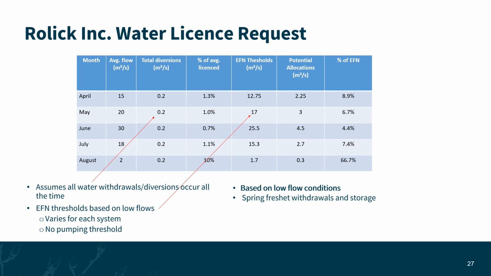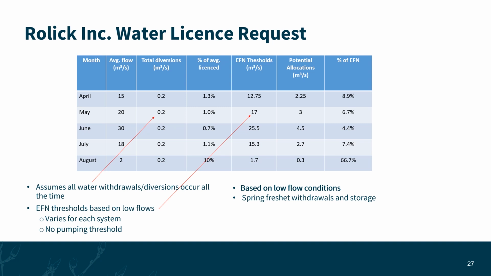So then I also go forward with the potential allocations based on the EFN conditions and the percent of that 15% in this system that's already allocated. So these red lines are showing the total diversions and the EFN thresholds. This assumes that all those water withdrawals can really occur at any time, all the time, to ensure that we're being as conservative as possible on this.